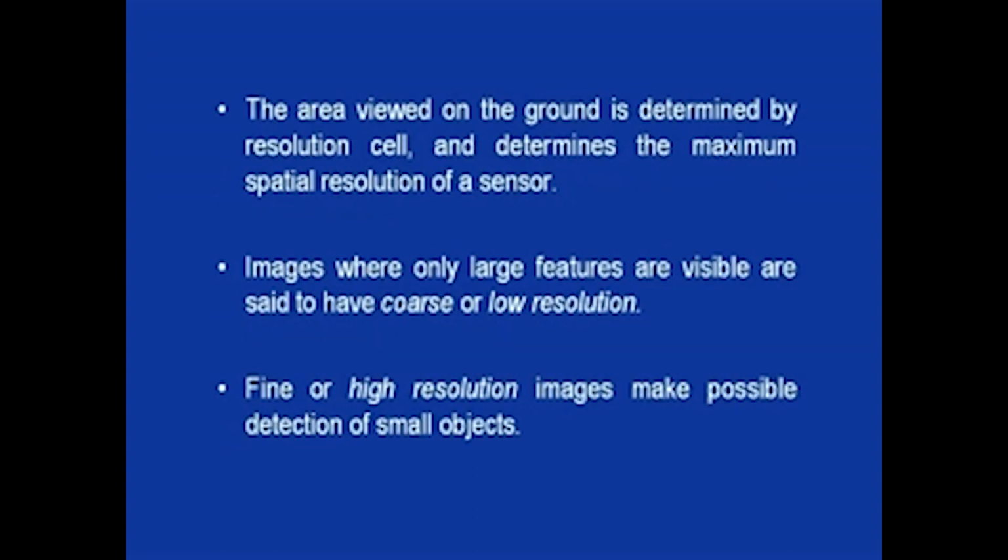The area viewed on the ground is determined by the resolution cell and determines the maximum spatial resolution of a sensor. Images where only large features are visible are said to have coarse or low resolution. Fine or high resolution images make possible detection of small objects.